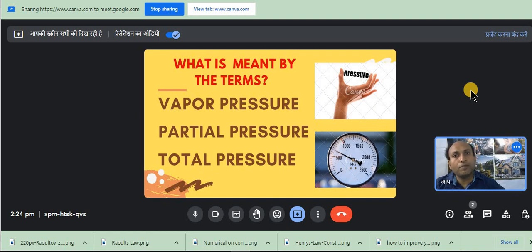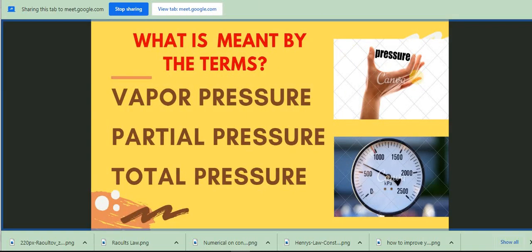In the same vessel, if you remove one gas and leave the other, that is known as partial pressure. So the sum of the partial pressures gives you the total pressure. These are the terms: vapor pressure, partial pressure and total pressure.